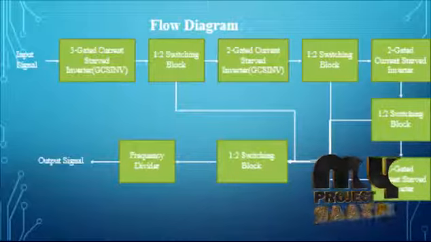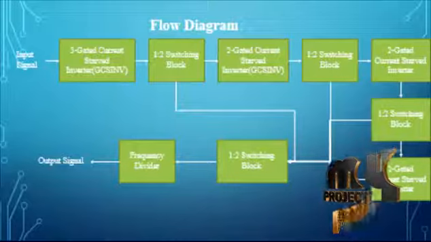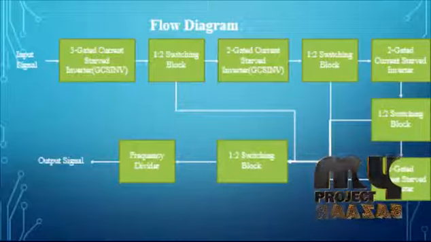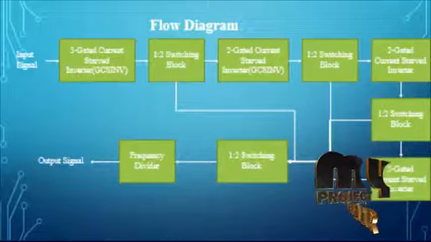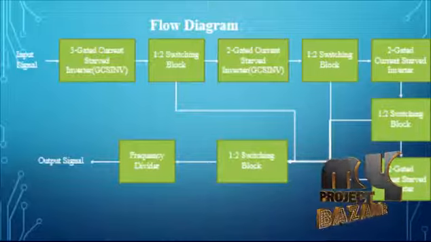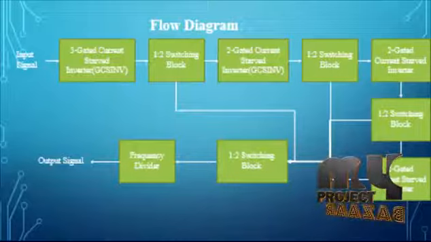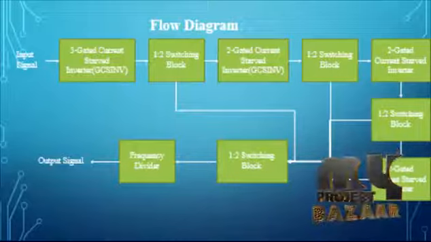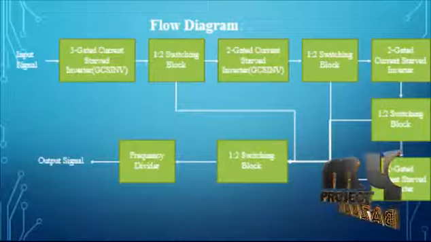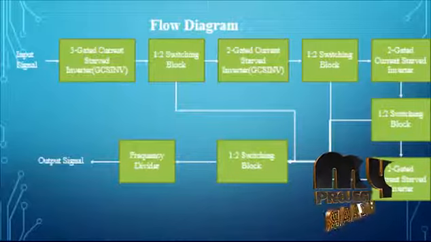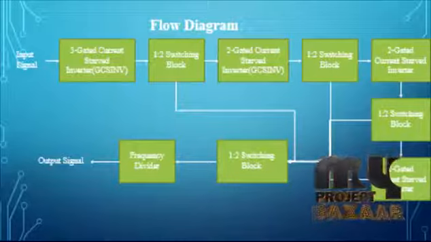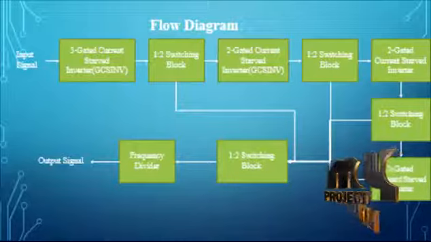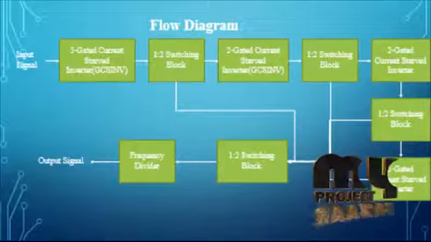If the switch block output is 1, it is directly applied to another switch block. And then the second two gated current steered inverters are directly applied to the 1:2 switching block. The same process happens in this switching block. They are continuously applied, and then these switching blocks are finally applied to the frequency divider circuit.